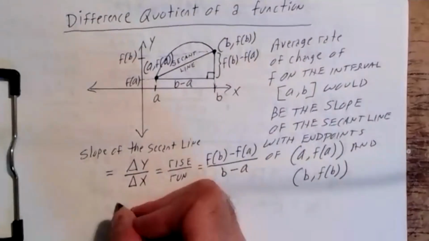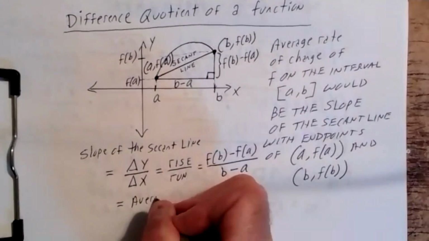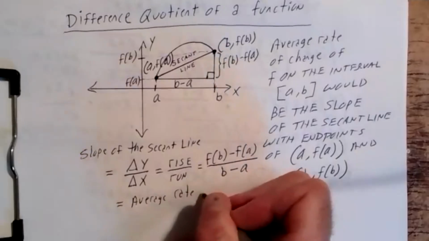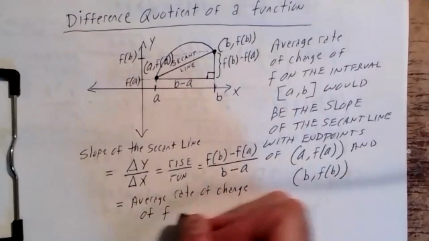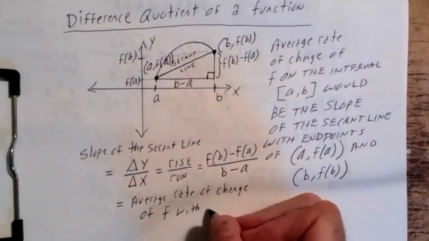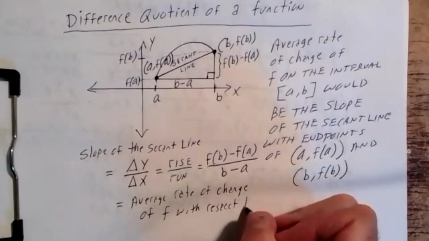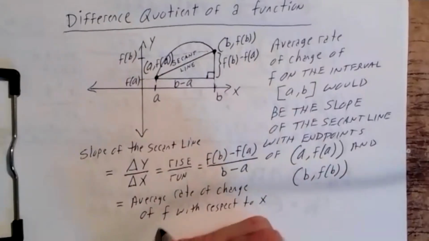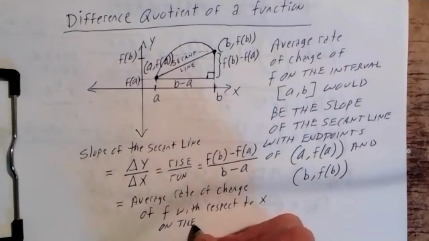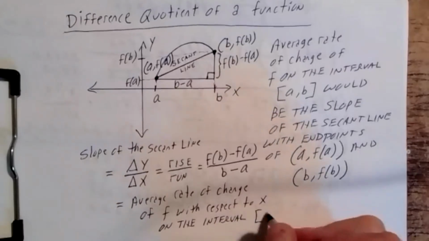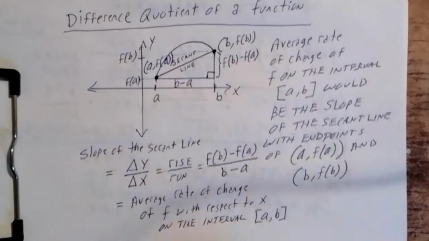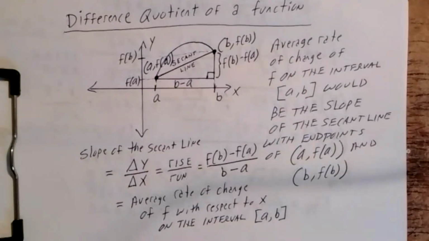And this slope here is going to be equal to the average rate of change of f with respect to x on the interval AB, on the interval from A to B. Everybody see that there?